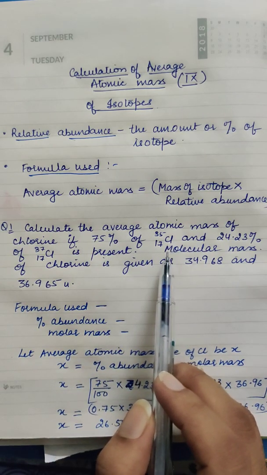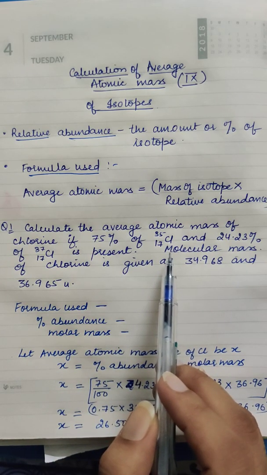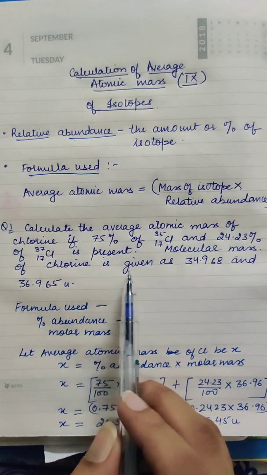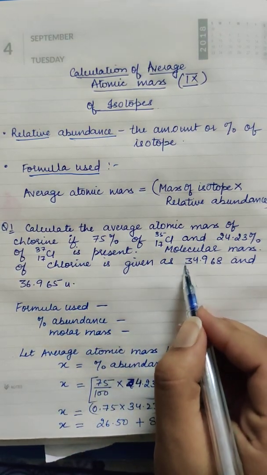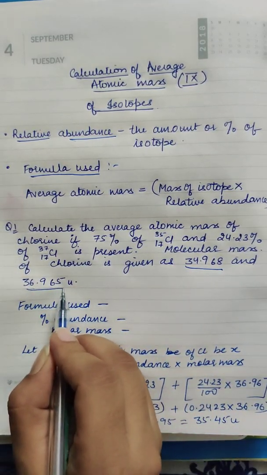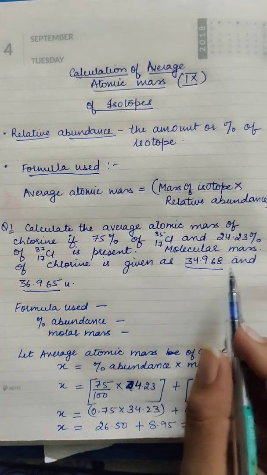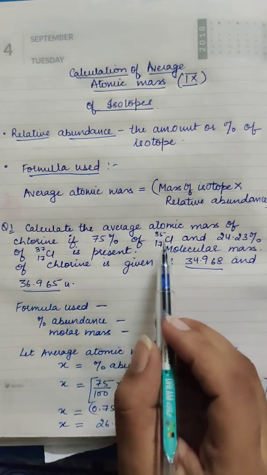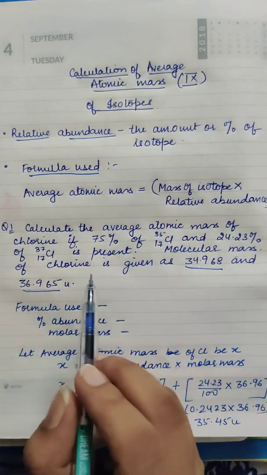I hope you know that isotopes are the ones in which the atomic number is the same. Secondly, you are also provided with the second information, the molecular mass of chlorine, given as 34.96 and 34.965. These are the two molecular masses given for the respective isotopes.